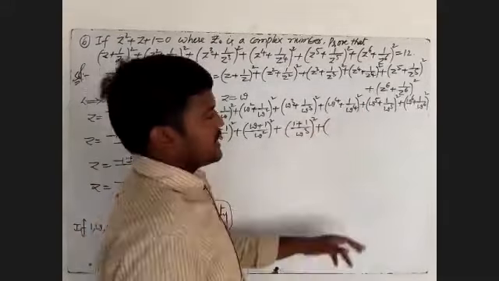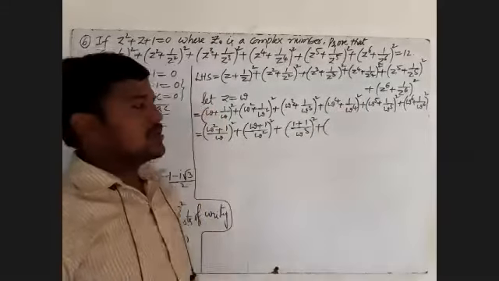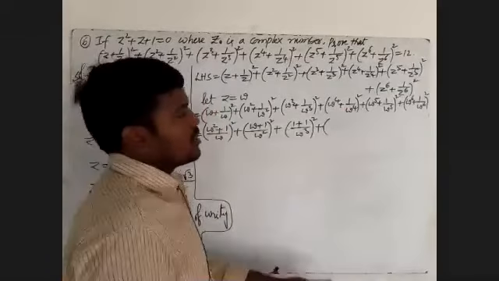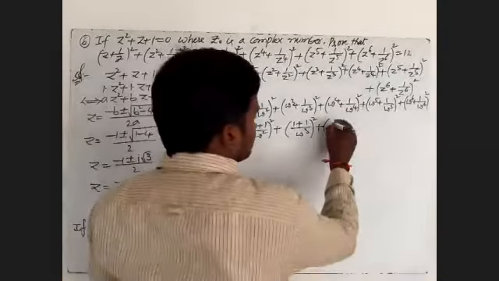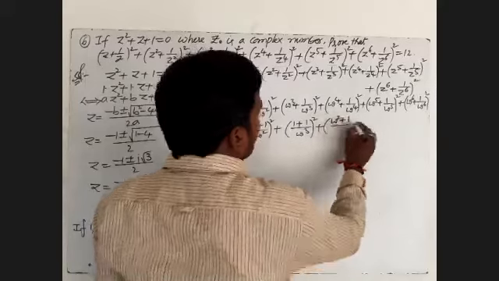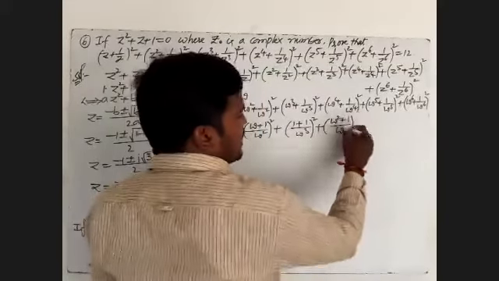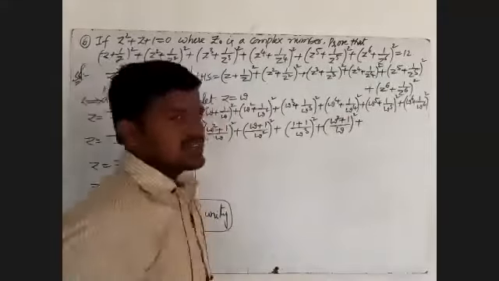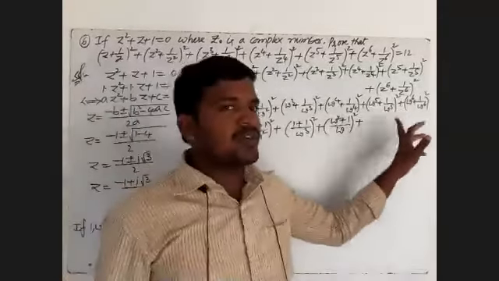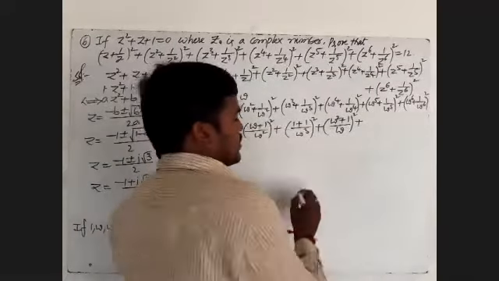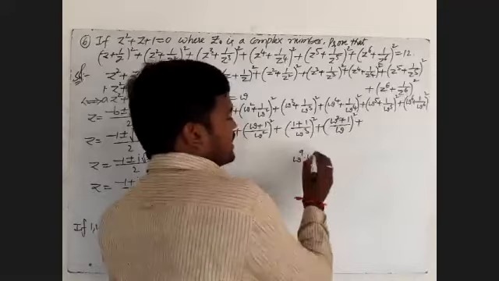After that omega power 4 into omega power 4 is omega power 8, that I will write omega power 6 into omega square, here we will write omega square plus 1 by omega power 4 is nothing but omega whole square. After that omega power 5 into omega power 5 is omega power 10, that I have to write omega power 9 into omega.